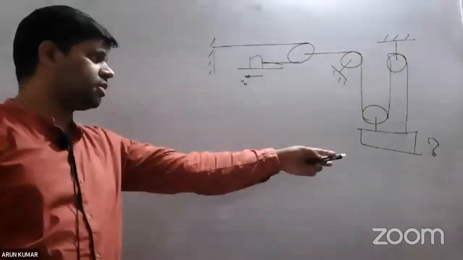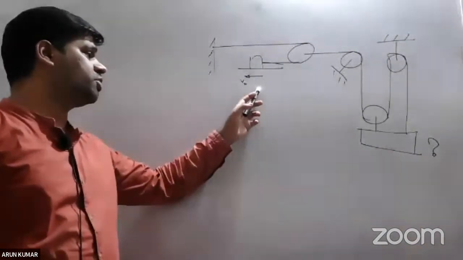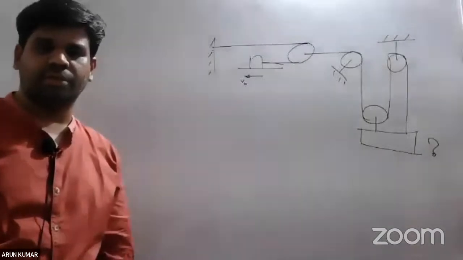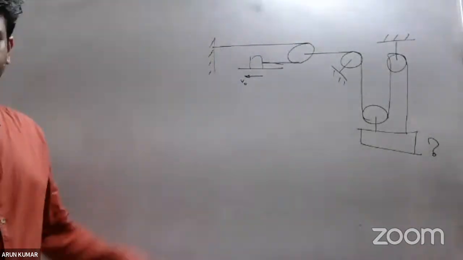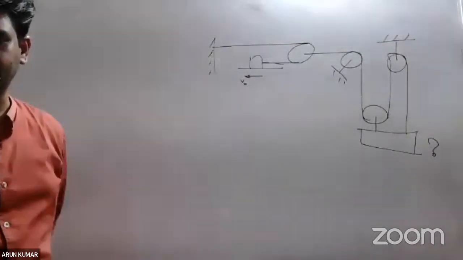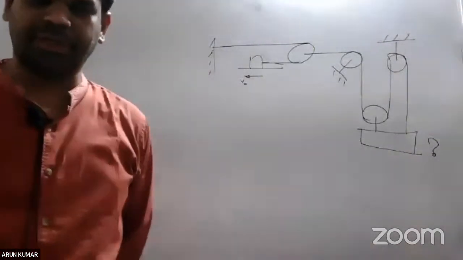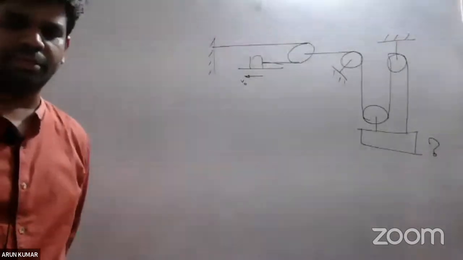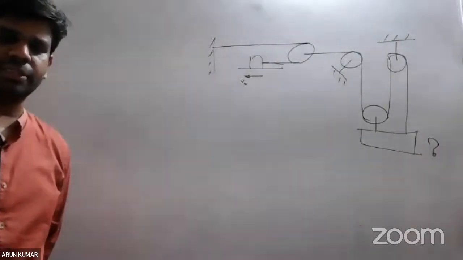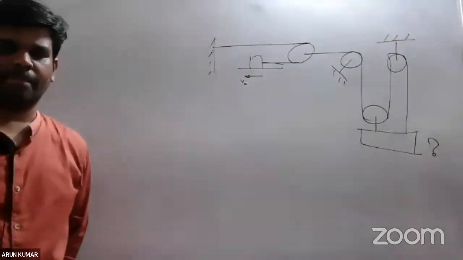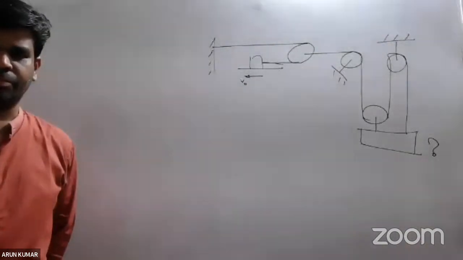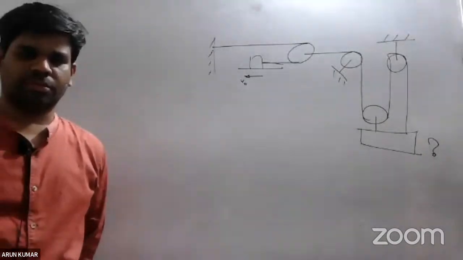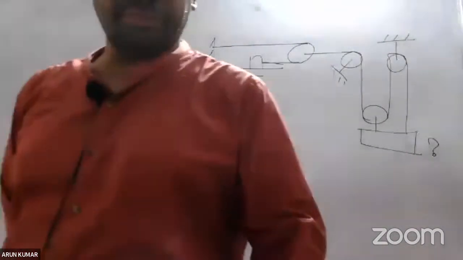What is the velocity of this block if this small block goes with a velocity of V naught towards the left? How do you do it? The answer is given in the pick, but I want you to tell me how you get it. You've done this in the last class. Vignesh, Bhavna, Gayatri.